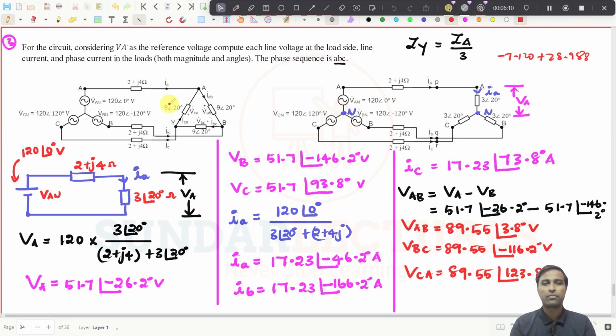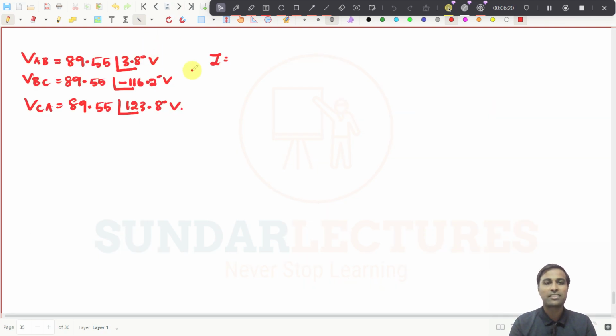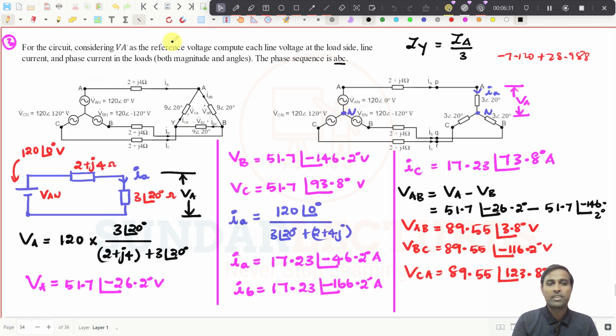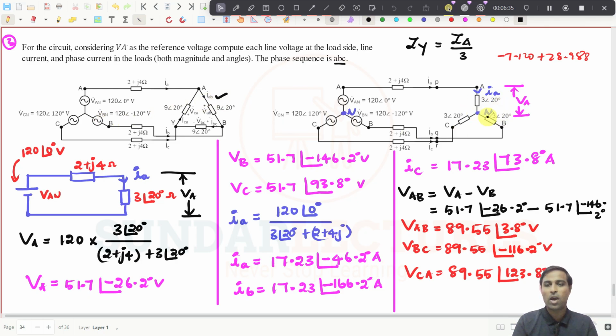Line voltages will be the same in the delta connection, in the star connection, whatever it may be, right? So now it will be 9 at an angle of 20 degree to find the values of IAB, right? IAB, which means this value, this is IAB, right? Not here, IAB will come here. Try to understand that clearly, right?